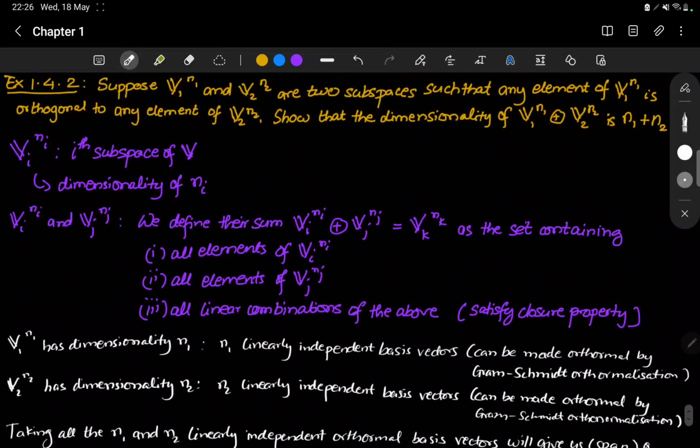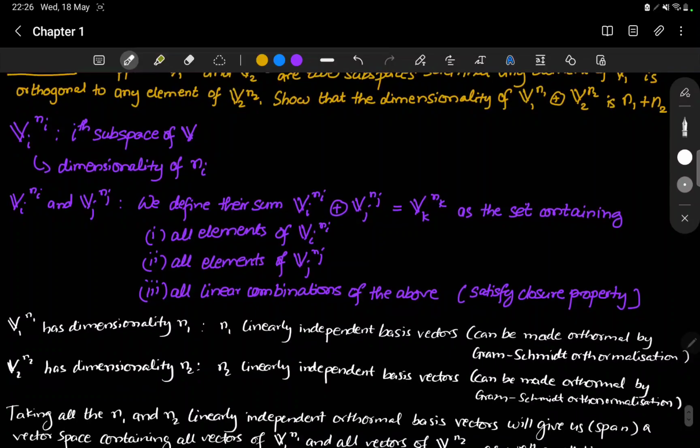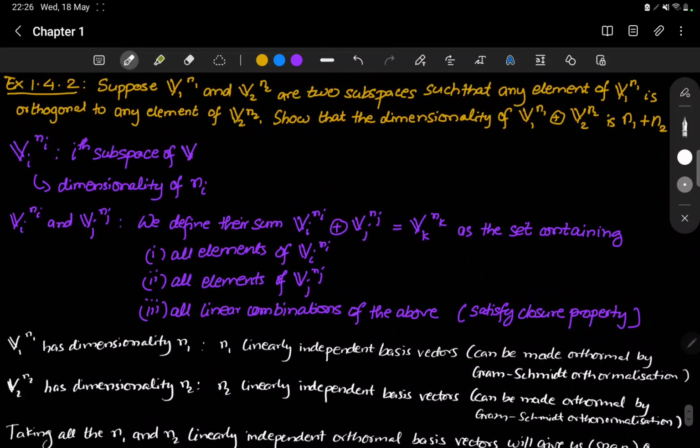In this question we were supposed to consider two subspaces, form the sum of these two subspaces, and show that the dimensionality is given by N1 plus N2. Note that the condition given over here was that any element of V1 N1 was supposed to be orthogonal to any element of V2 N2.